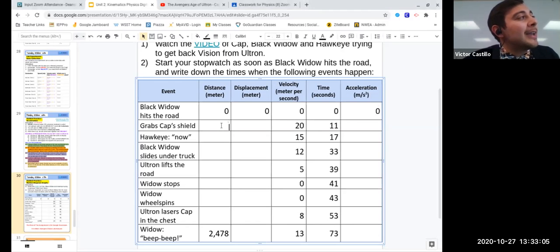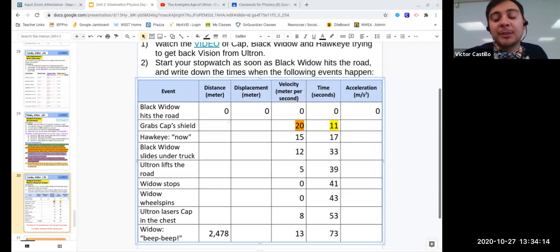So when Black Widow grabbed Captain America's shield, how much distance did she travel? Well, we know that she traveled 20 meters per second, right? So if she traveled 20 meters in 1 second, how many meters did she travel in 11 seconds?